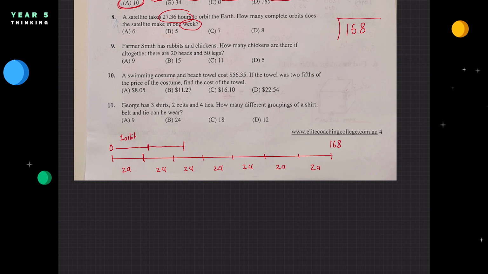That's another orbit. So the question is, how many of these orbits will fit in a week? That's why we have to divide. We have to take 168 and divide it by 27.36. We want to see how many of these 27.36 hours will fit inside a week.